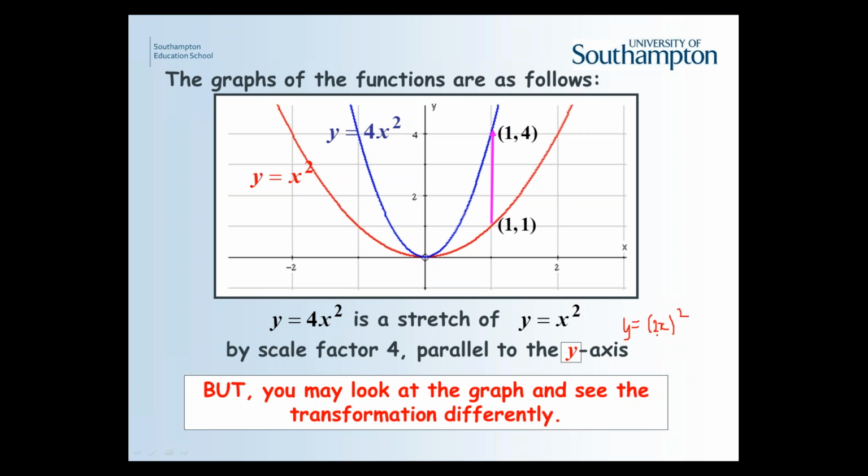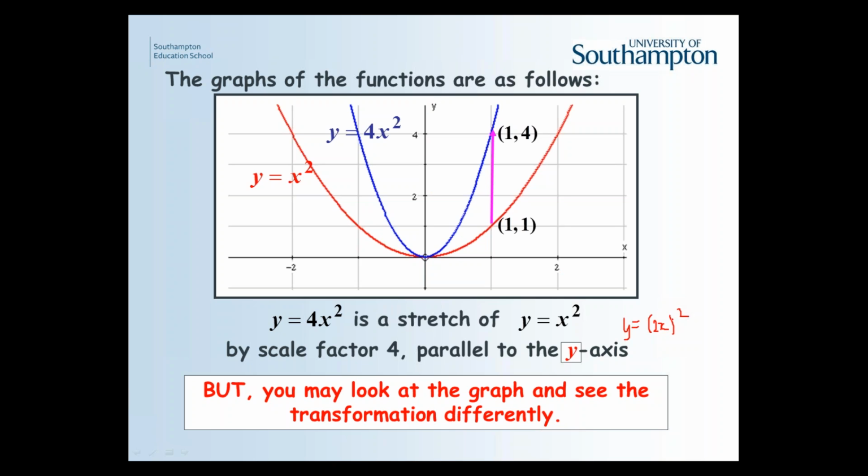But in this case, I've actually got the number in with the x. So I'm squaring all of that bit. And if I've got the number in with the x, it's changing all the x coordinates. So you can think about it changing all the x coordinates instead of pulling up all the y coordinates.